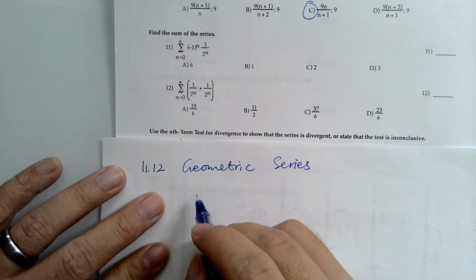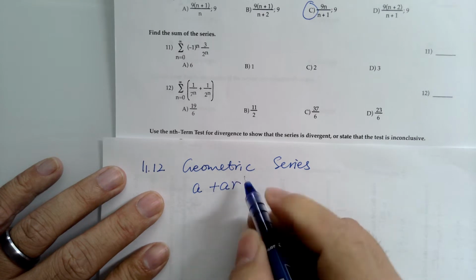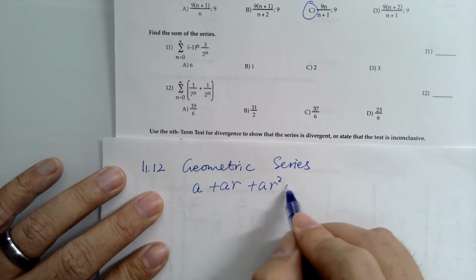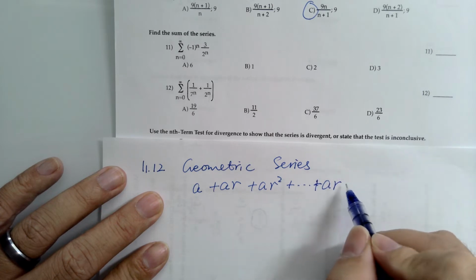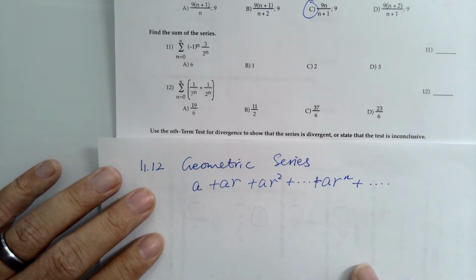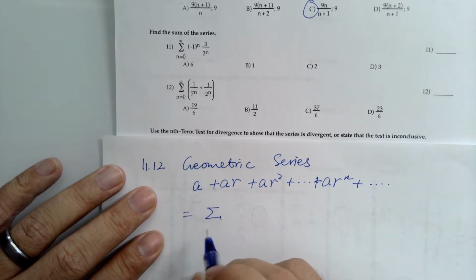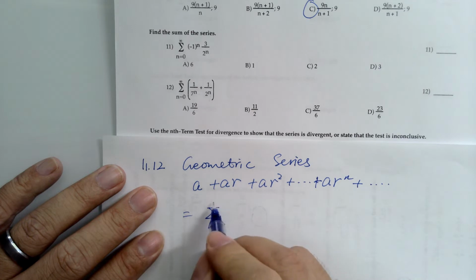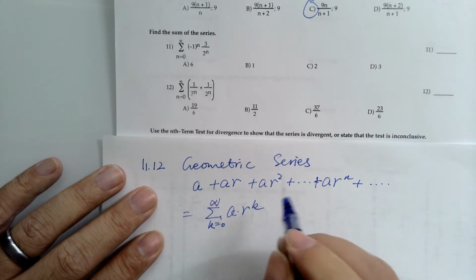So what it does is a plus ar plus ar squared plus dot dot dot up to ar^n plus dot dot dot. You can write this as the sum over k from 0 to infinity of a times r to the power of k.